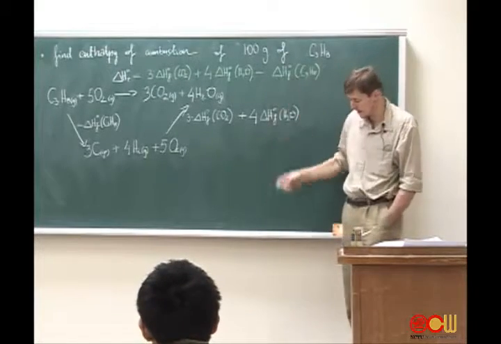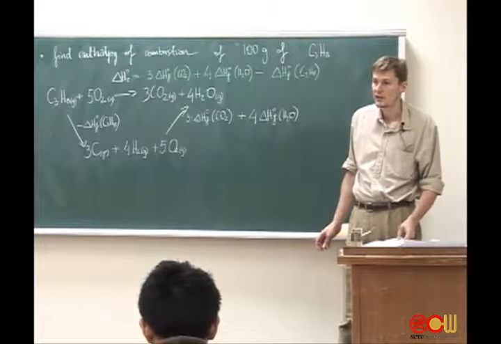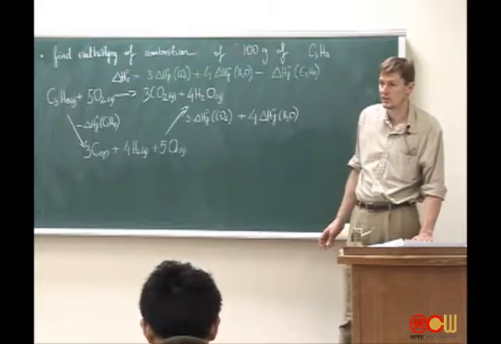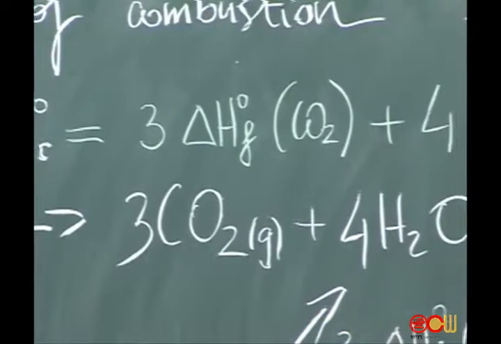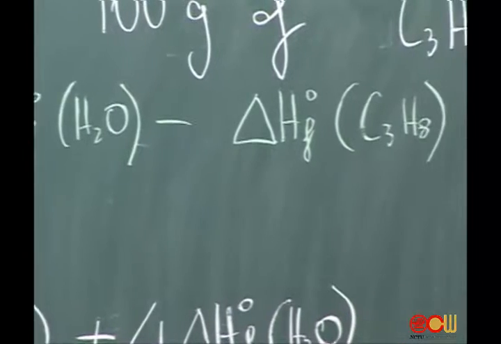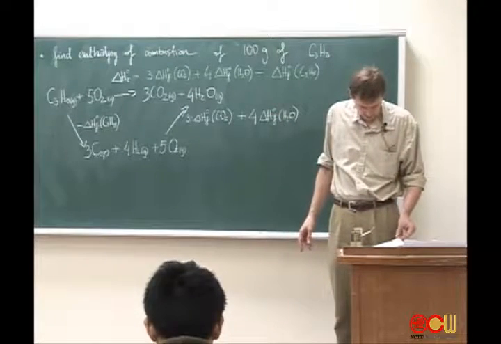How to get this data? Well, they are at the end of your book, in appendix number 1. Formation enthalpies for many chemicals are listed there. And usually to solve problems, you need this data. We are just skipping this part. You just calculate the final value. Good, let's go further.